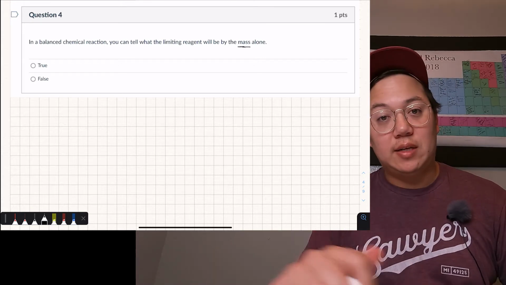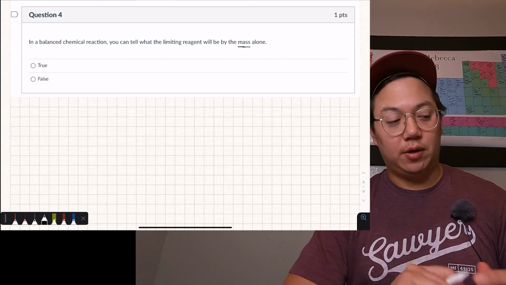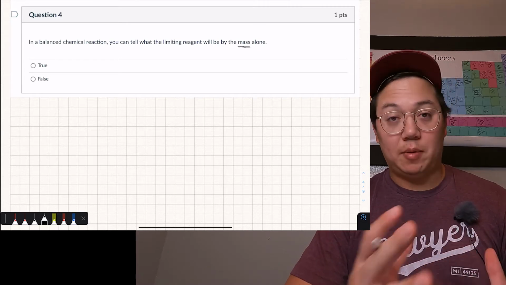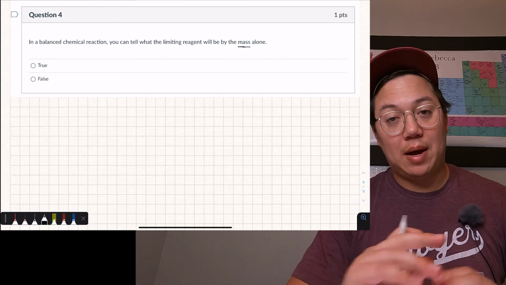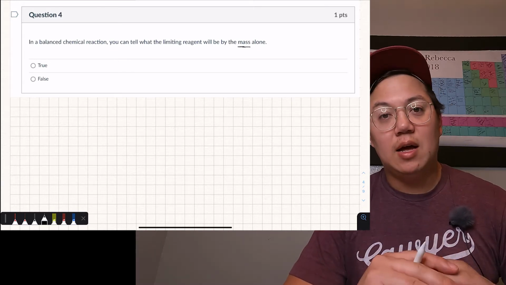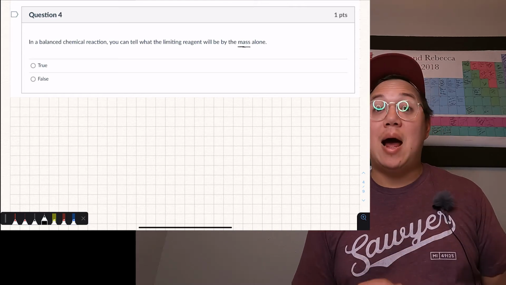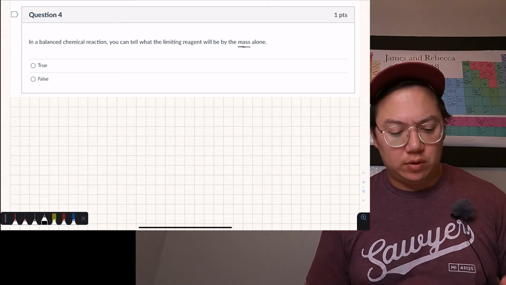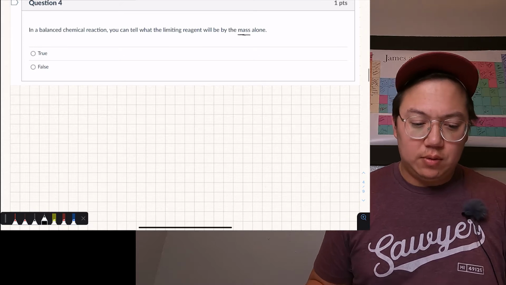If you were to look at the periodic table, the elements all have very different atomic masses. And those atomic masses mean that for some molecules, even though we'll have a lot of mass, we'll actually have fewer moles. So let me do an example here.